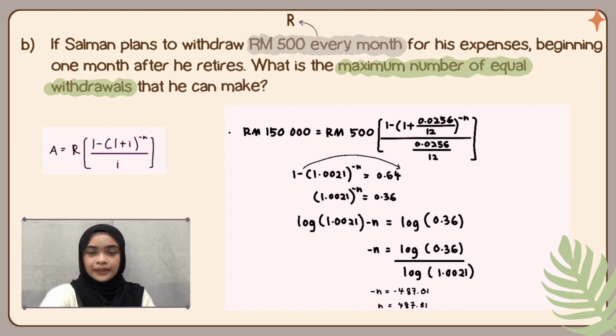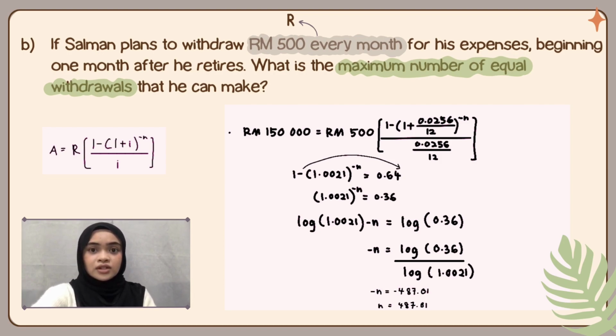Next, question B. If Salman plans to withdraw 500 ringgit every month for his expenses, beginning 1 month after he retires, what is the maximum number of equal withdrawals that he can make?